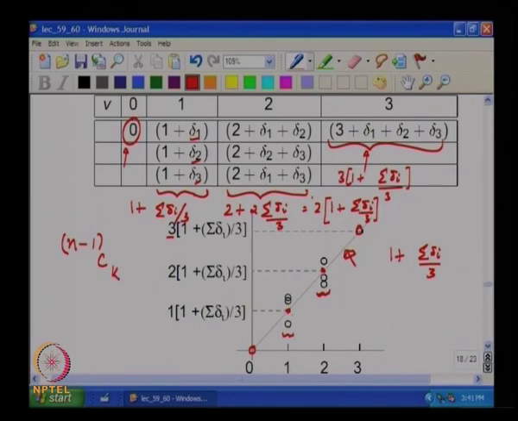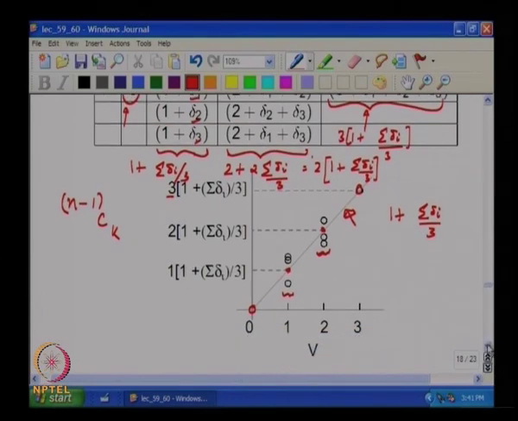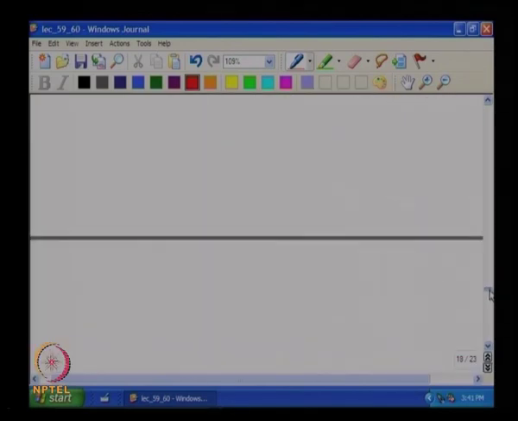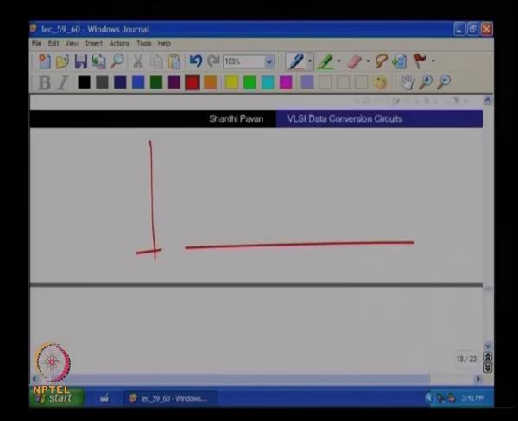So, in general, for a large number of levels, you can draw a hypothetical straight line, and for each code there will be a whole number of ways of doing this, but the center of gravity of all these will lie on a straight line.